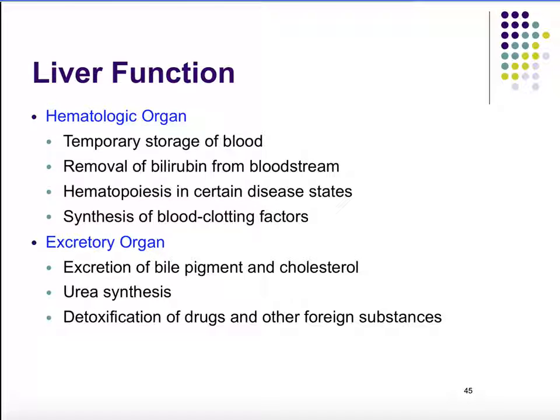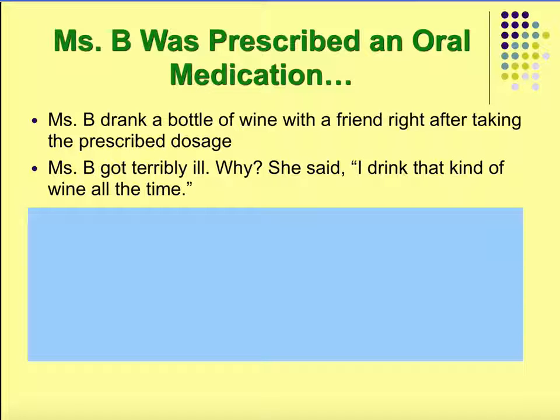And we synthesize our blood clotting factors here in the liver. And it also has an excretory function. So we excrete bile pigment and cholesterol. Urea synthesis happens here, as well as detoxification of drugs and other foreign substances that enter our body.